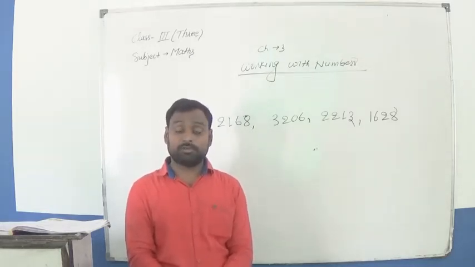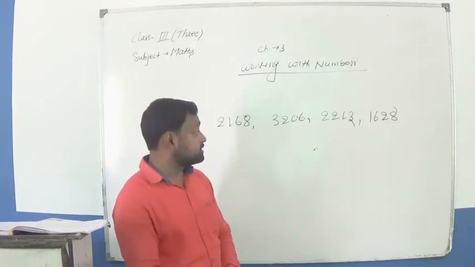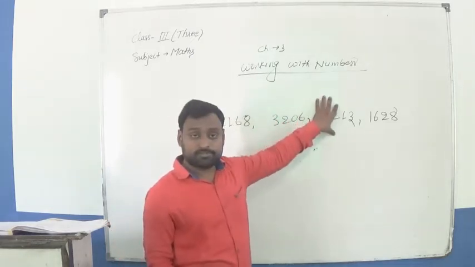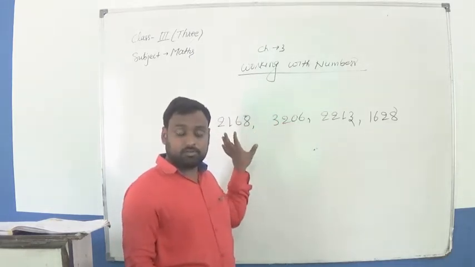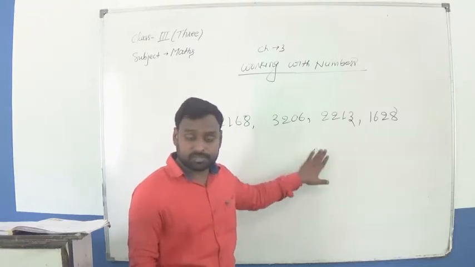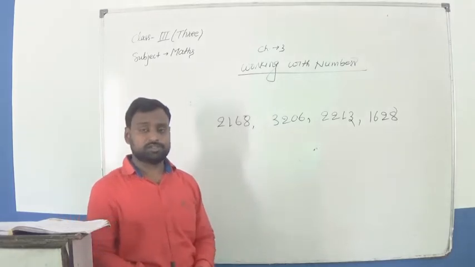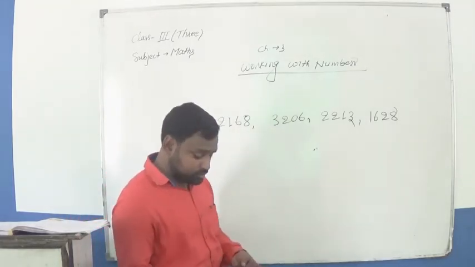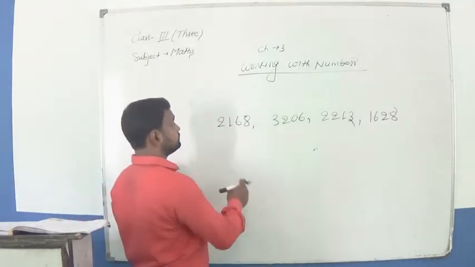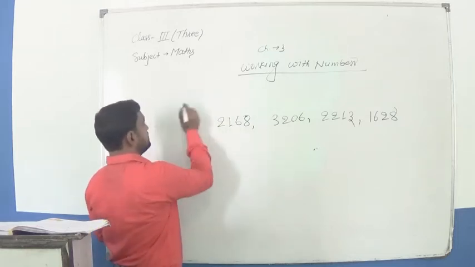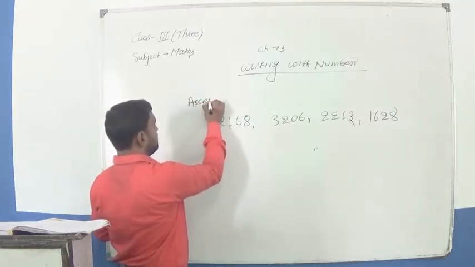First of all, you have to make the rank of these numbers: which comes first, which comes second, which comes third, which comes fourth, in this way. Suppose you have to arrange this in ascending order.